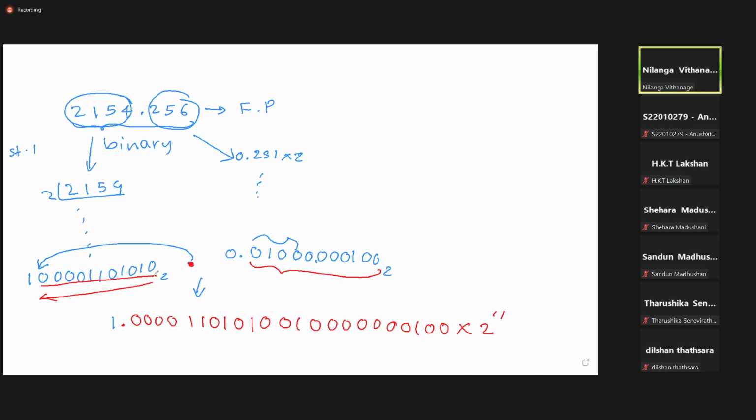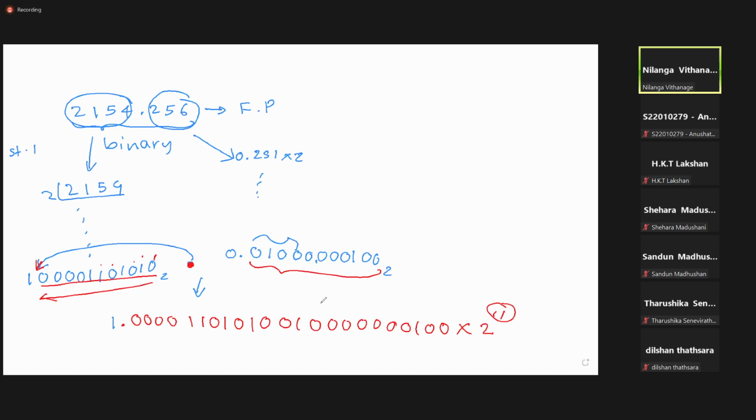So the number of binary places you have to put here. We are taking this binary point 1, 2, 3, 4, 5, 6, 7, 8, 9, 10, 11 places to the left side now.